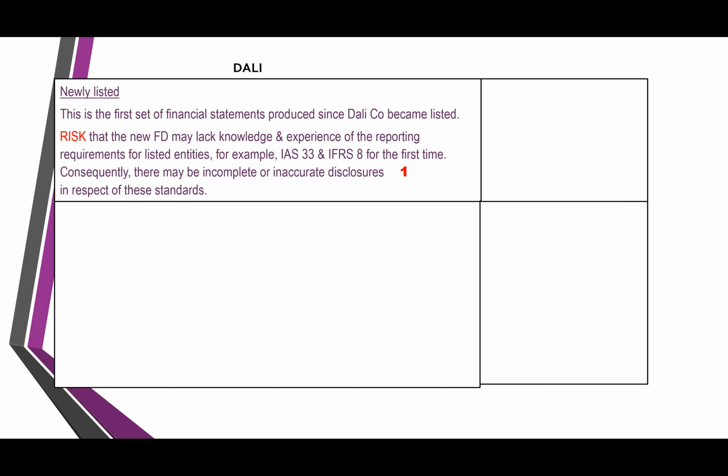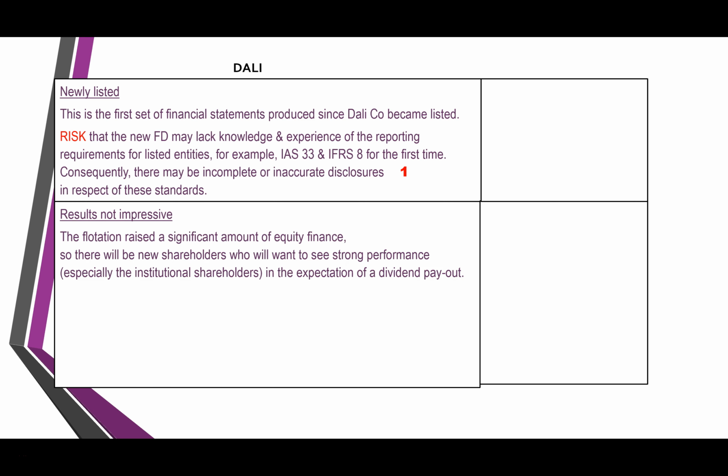Next, another subheading, results not impressive. The flotation raised a significant amount of equity finance, so there will be new shareholders who will want to see strong performance, especially the institutional shareholders in the expectation of a dividend payout. That would be the story. In this case, we would be able to add on some preliminary analytical procedures.